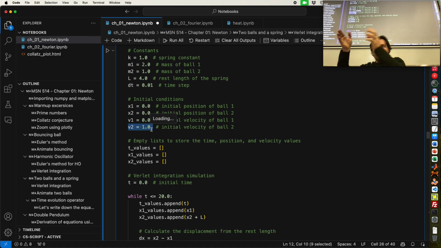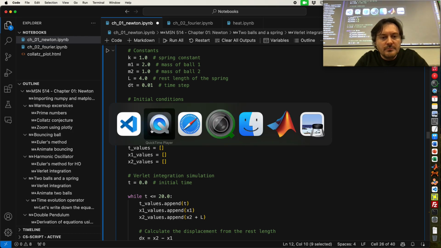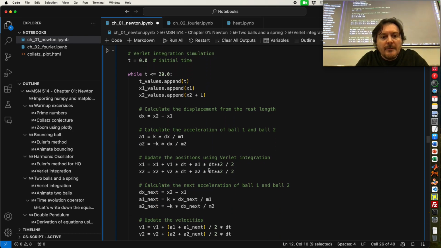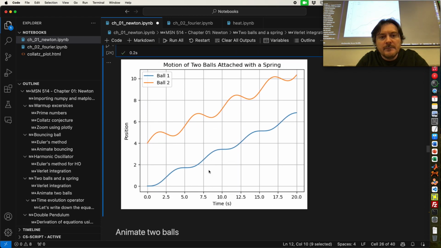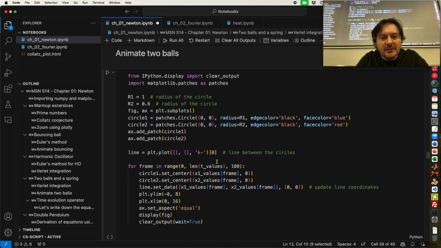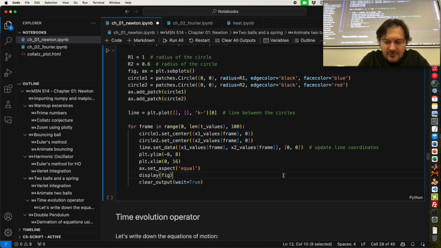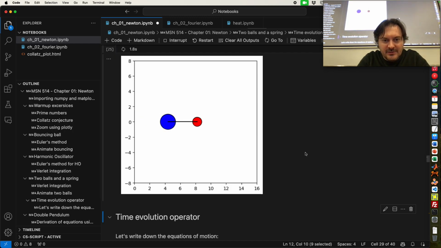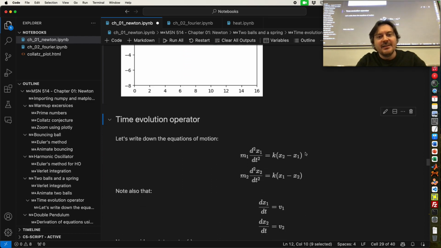That's why they are going like this. Okay? Very good. Let's animate them, although I'm not doing a good job with this. But do you see? Yeah. It's very nice. Now take a deep breath, because we are going to talk about the time evolution operator.